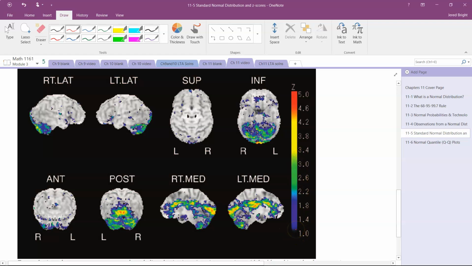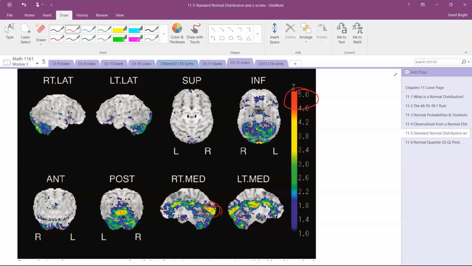And so we can see, at least down here, this part of the brain, I don't know what part it is, but there are some really odd behaviors because your z-score is up at 5. So you are 5 standard deviations from the mean. So something really odd is going on here. And that gives you more information to continue your investigation.